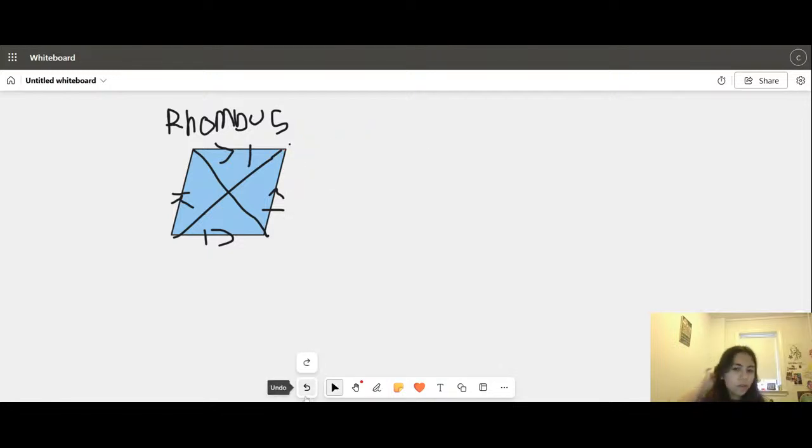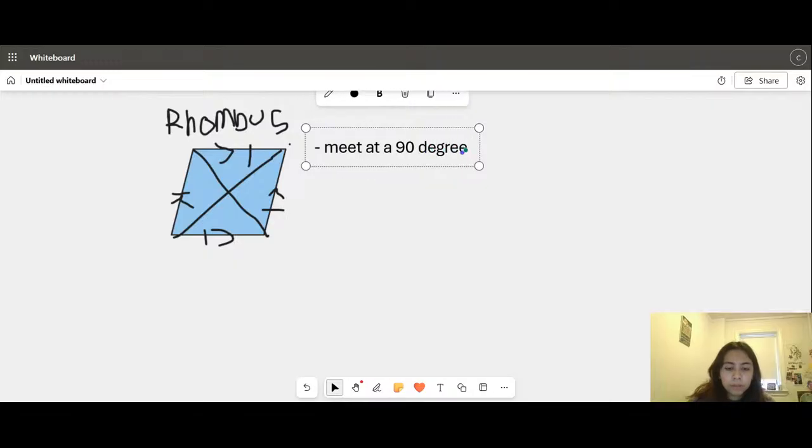Okay, when it comes to diagonals of rhombuses, let's write our little notes. They meet at a 90-degree. They meet perpendicularly.